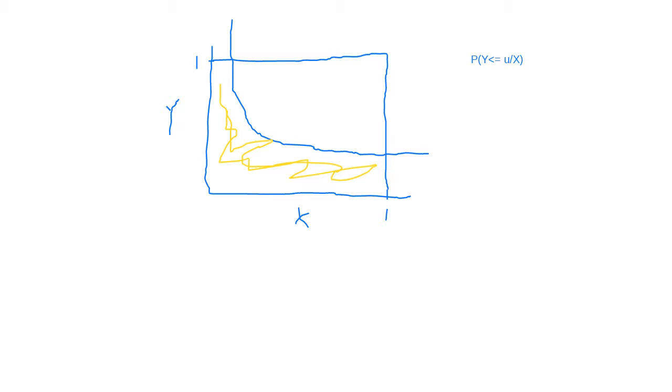As x approaches 0, y is going to be approaching infinity. As x approaches 1, that height is going to be u. And as y approaches 1, x is going to be u. So we have those coordinates.